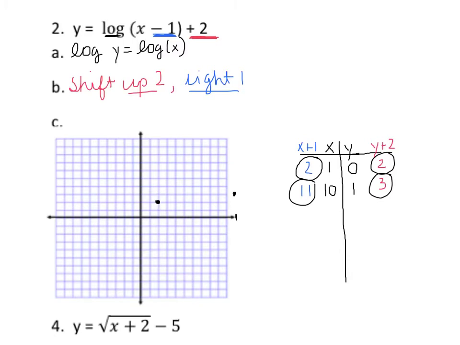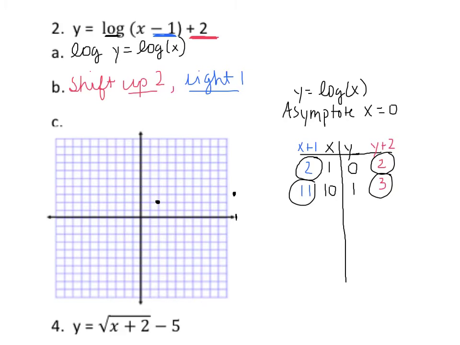Okay, the other thing I want you to keep in mind is that the original log parent function did have an asymptote. So let me go ahead and fill that in. So y equals log of x has an asymptote at x equals 0.